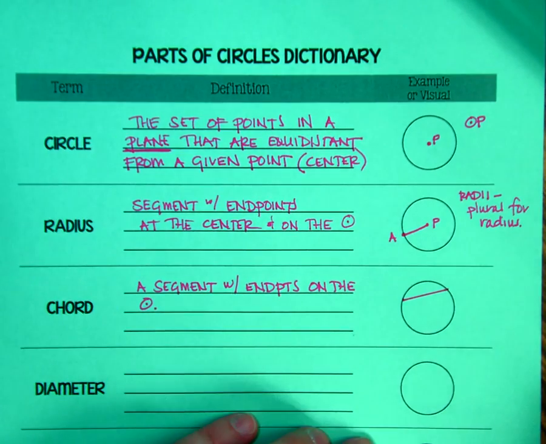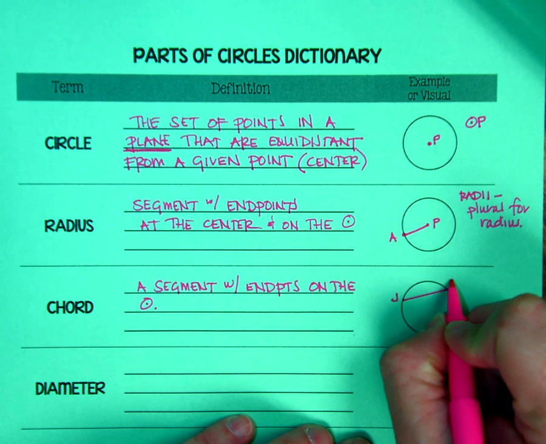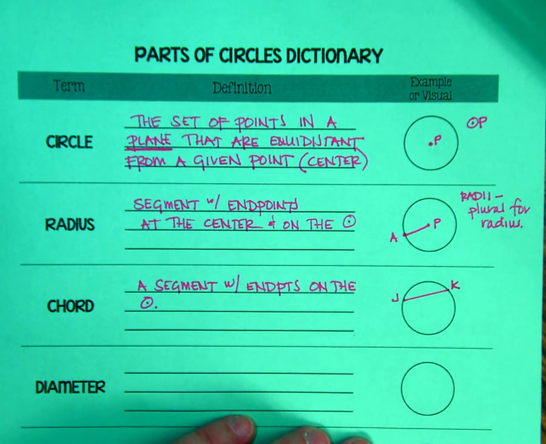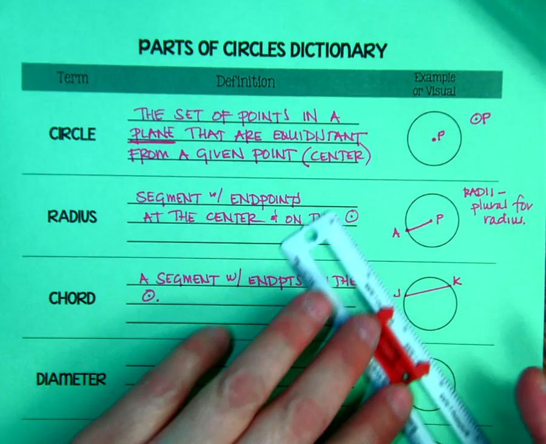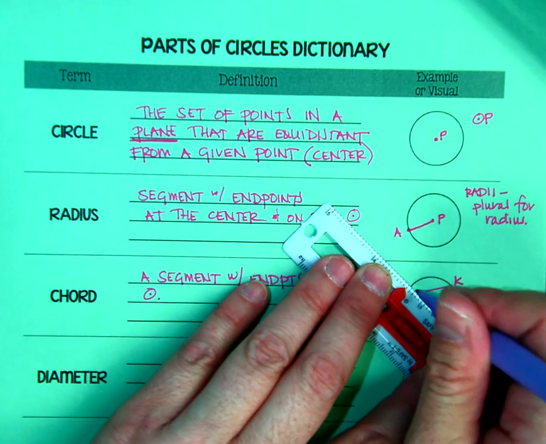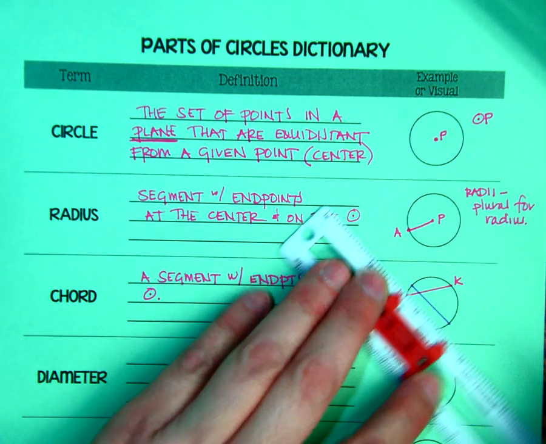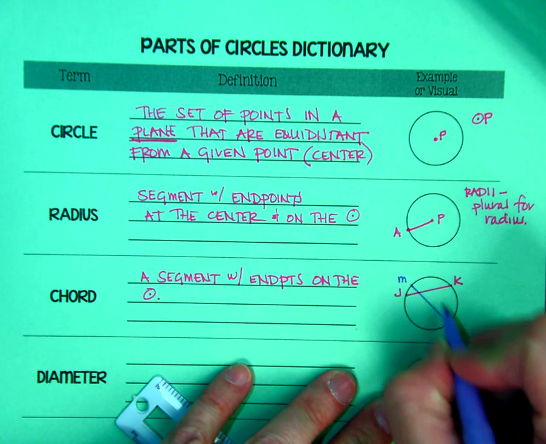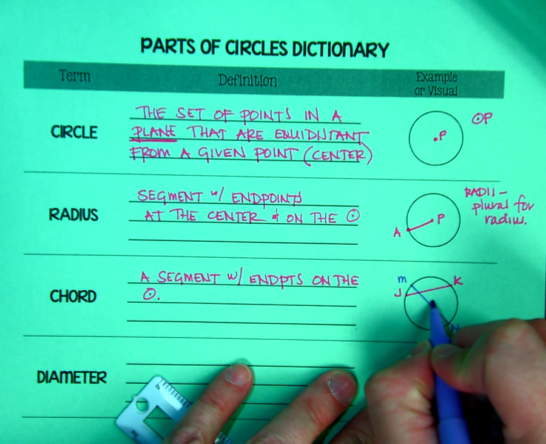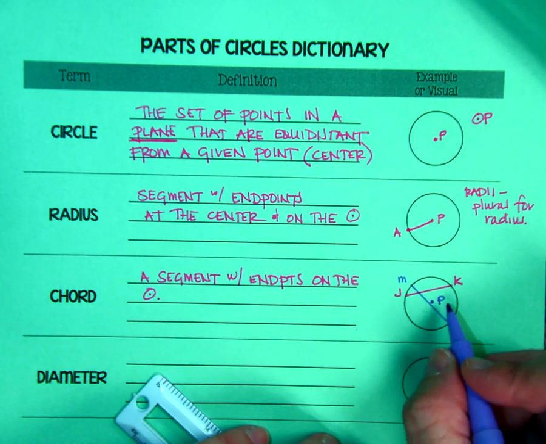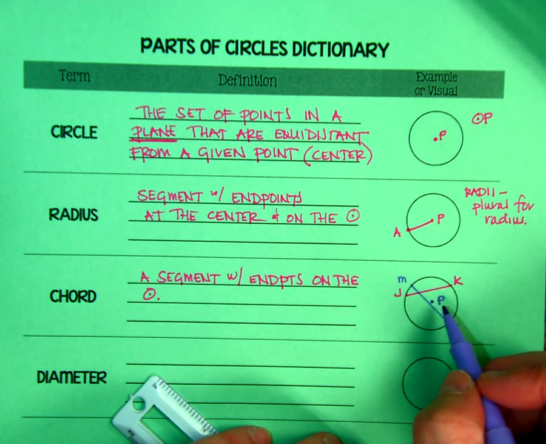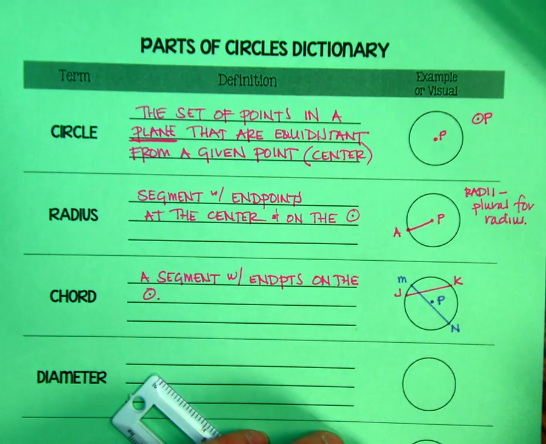So that is a chord. Let's name that chord, or segment, JK. I could have another one zipping through here. Let's name this MN. Your chords do not have to travel through the center.